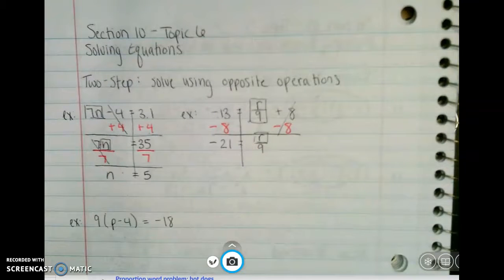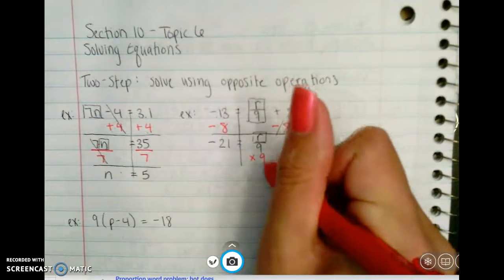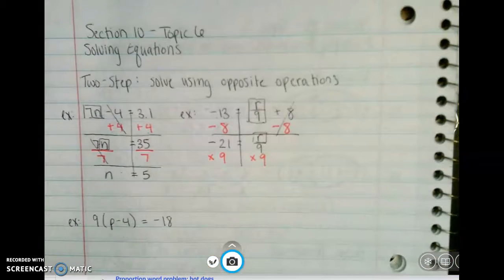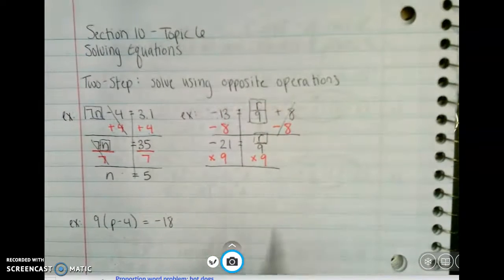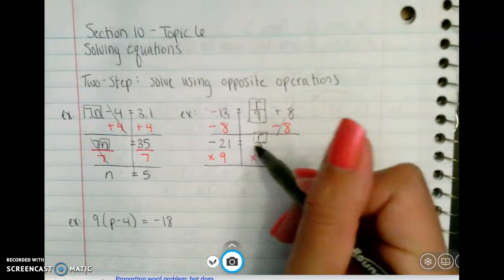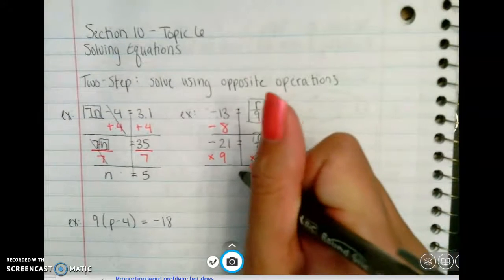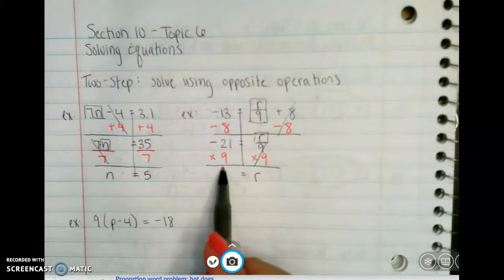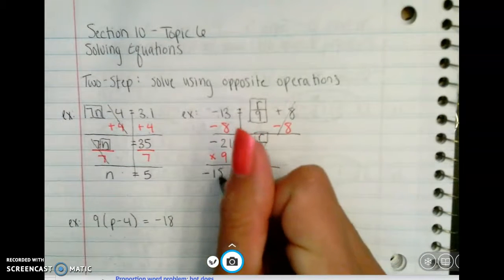So to get r alone, we need to multiply both sides of the equation times 9. And when we multiply both sides of the equation by 9, the divided by 9 and the times 9 cancel out. R is by itself, and negative 21 times 9 is negative 189.